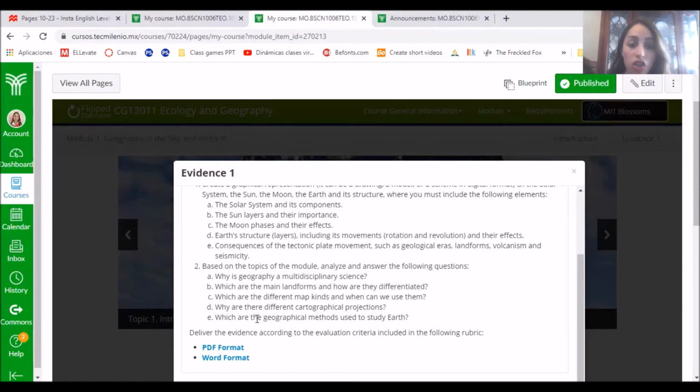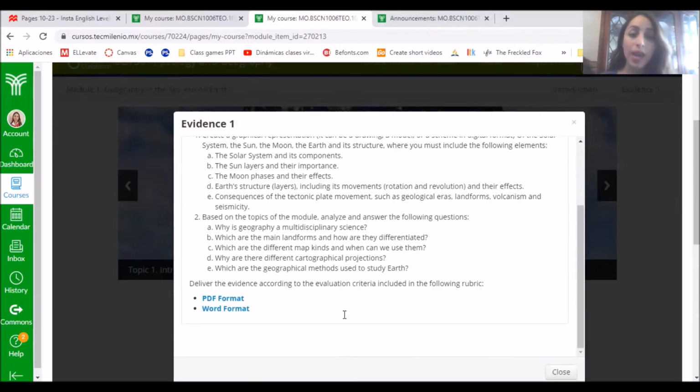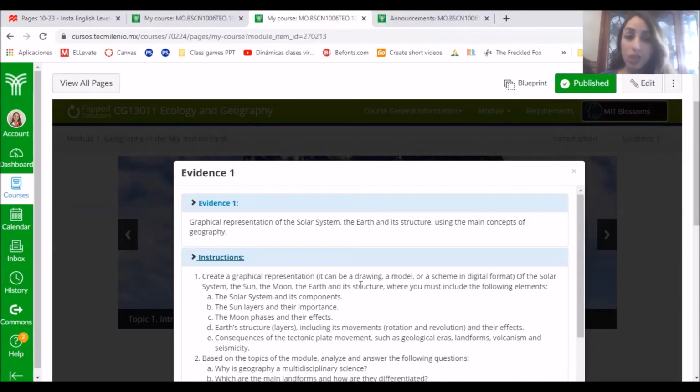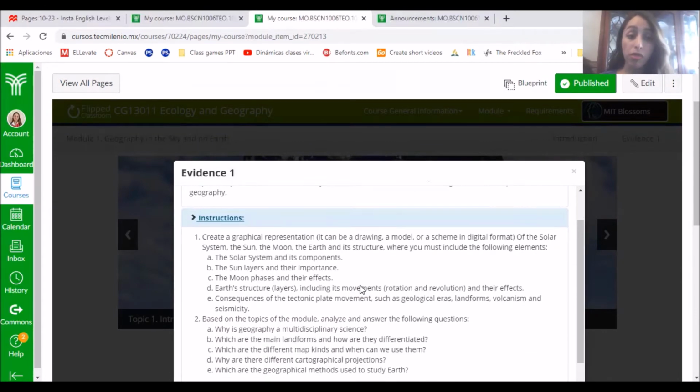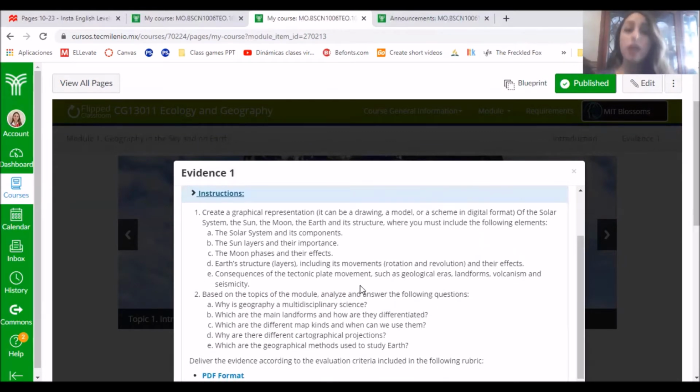E, which are the geographical methods used to study Earth? The methodological principles, we also studied that on topic 2. Also, you can find the answer to that, the methodological principles, okay? So that's what you guys are going to be doing for the evidence 1.